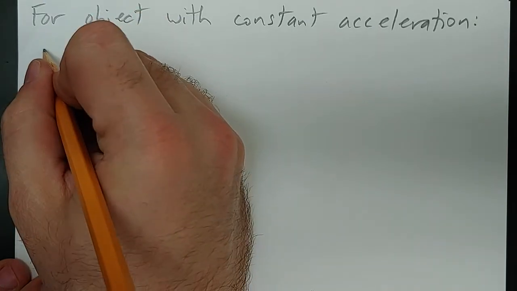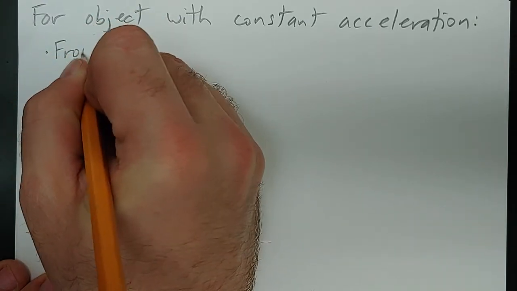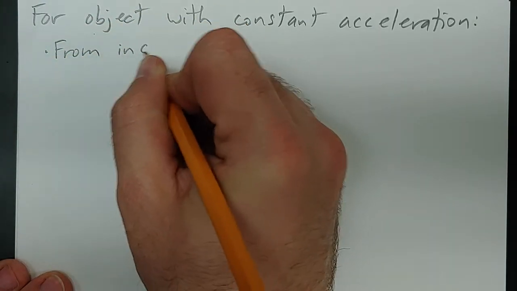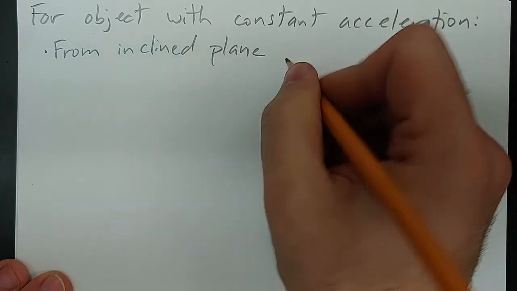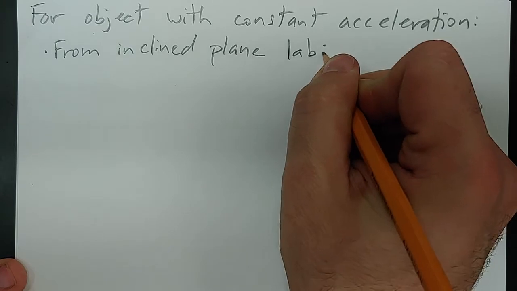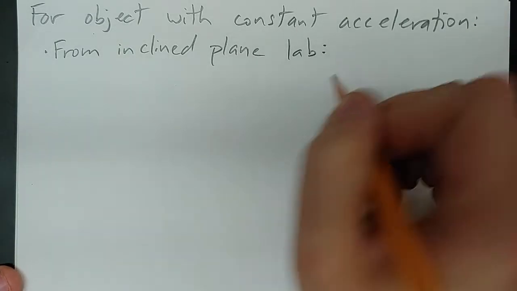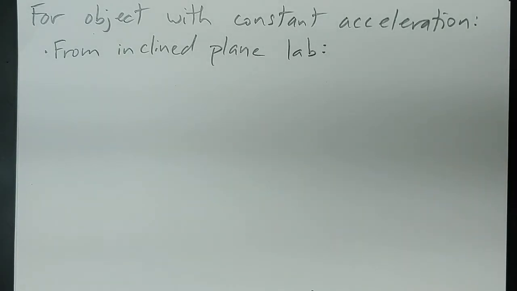First off, from the inclined plane lab, we had an object traveling at a constant acceleration, and we discovered it didn't matter which ramp you were on, so different ramps had different accelerations.